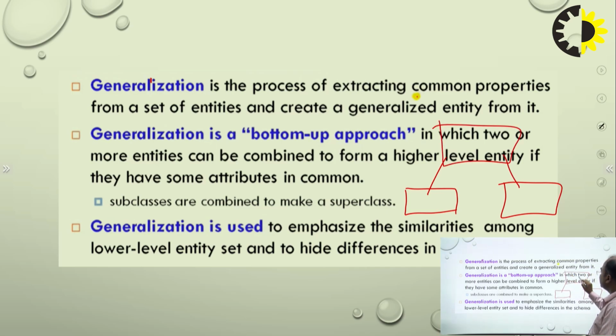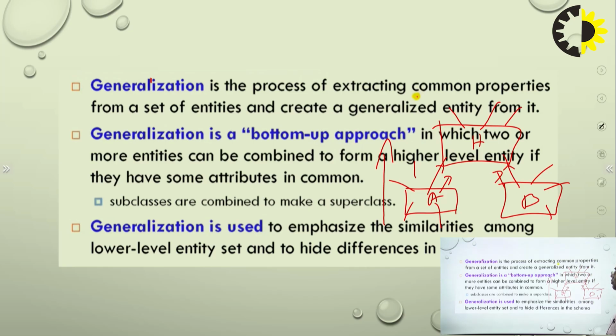This is the higher-level entity, and these are the lower entities. Some properties, meaning attributes, are taken from this one and this one. They also have some attributes, and the attribute from this one is common to this. So generalization basically starts from the bottom side and goes up.